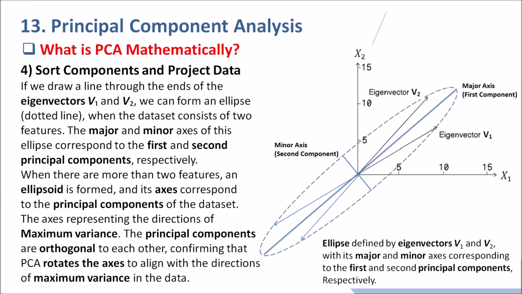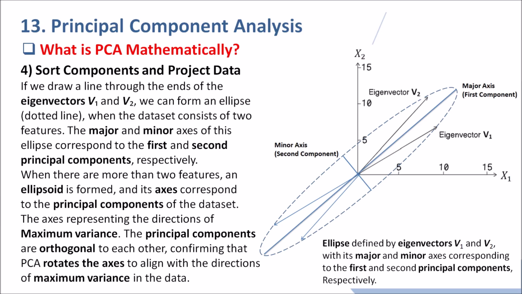we defined the major axis and minor axis of the ellipse, namely the major axis corresponding to the first principal component and the minor axis corresponding to the second principal component. This is for the two-dimensional, two-variable simple case. In the real world, we might have 3, 4, or 10 variables.